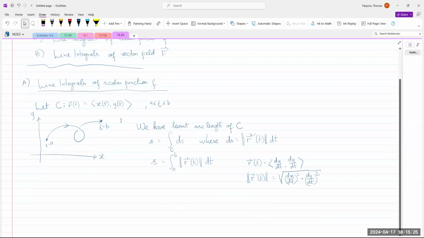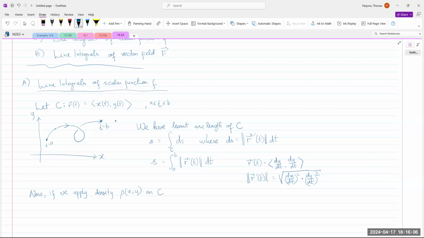Now suppose we apply a density rho(x, y) on that C. You can imagine, let's say C is a wire or a cable with different density at each point, right?